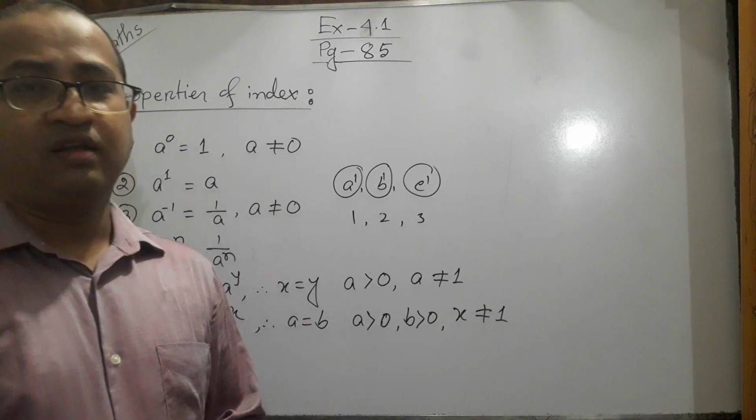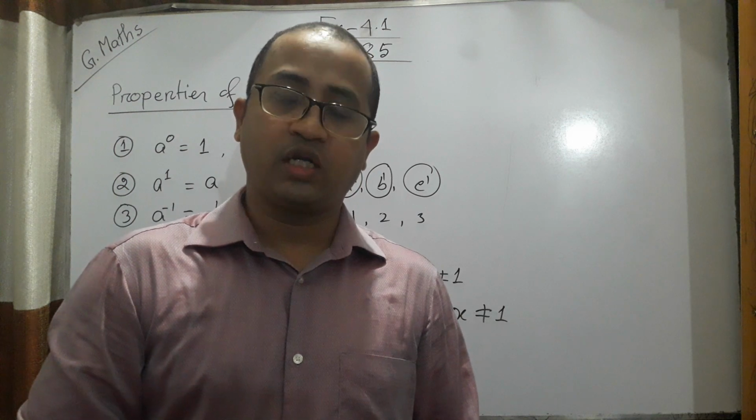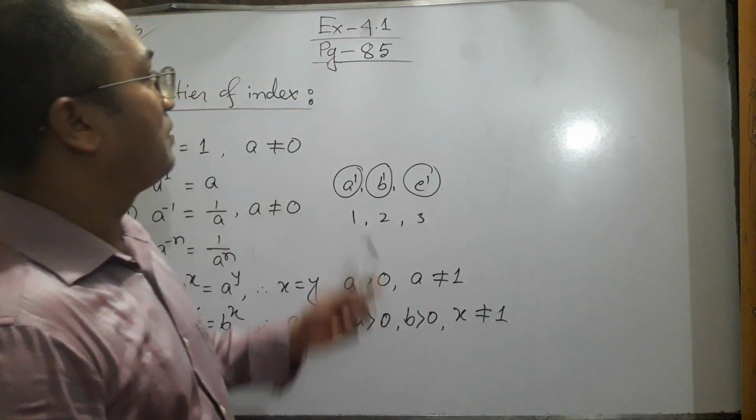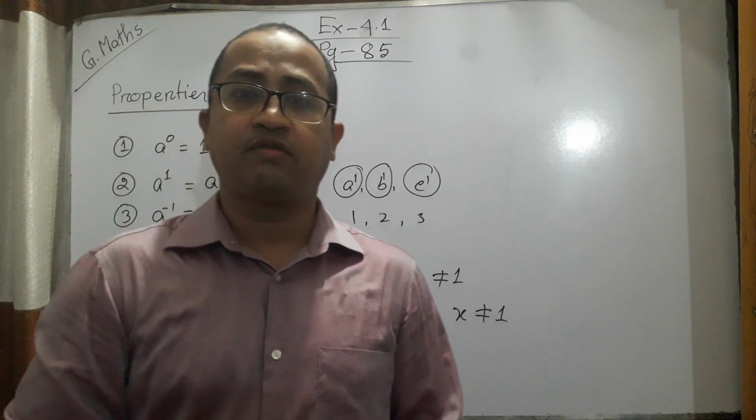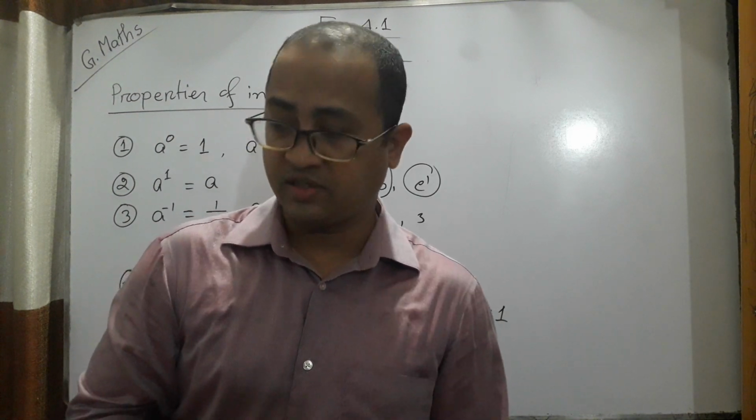Now students, we will solve some maths, so please all of you take your book and open page number 85, exercise 4.1. I will solve some maths on this exercise.